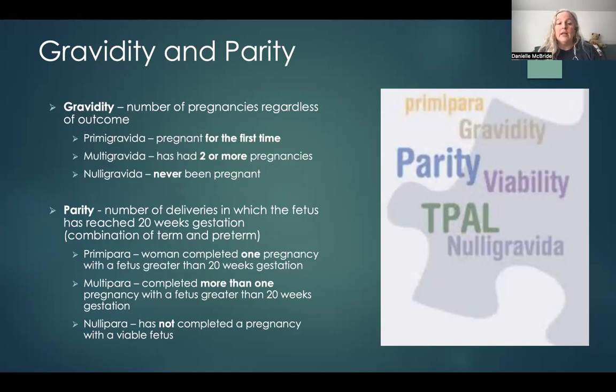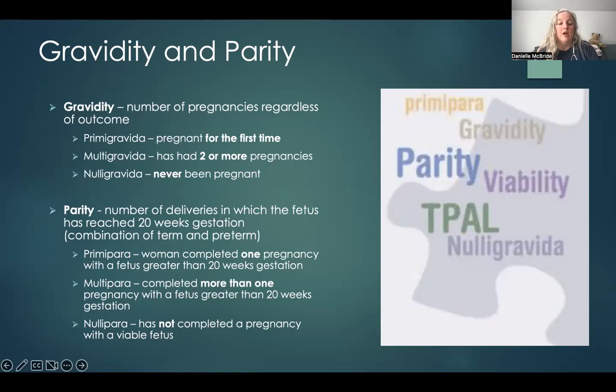You can also have a patient who's a multigravida and a prima para. If she's pregnant with her second baby, she's a multigravida. But until she delivers the second baby, she's only delivered the one, she's a prima para. So sometimes these terms can shift, it just depends on circumstance.